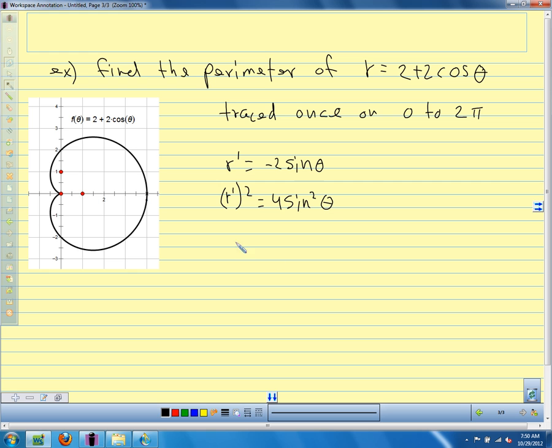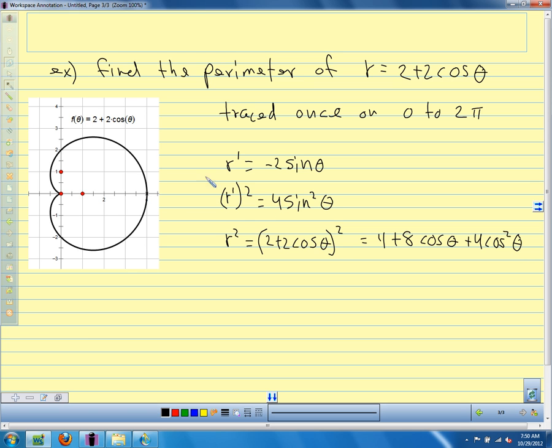And r squared is (2 plus 2 cosine θ) squared, and when we expand that, we get 4 plus 8 cosine θ plus 4 cosine squared θ.